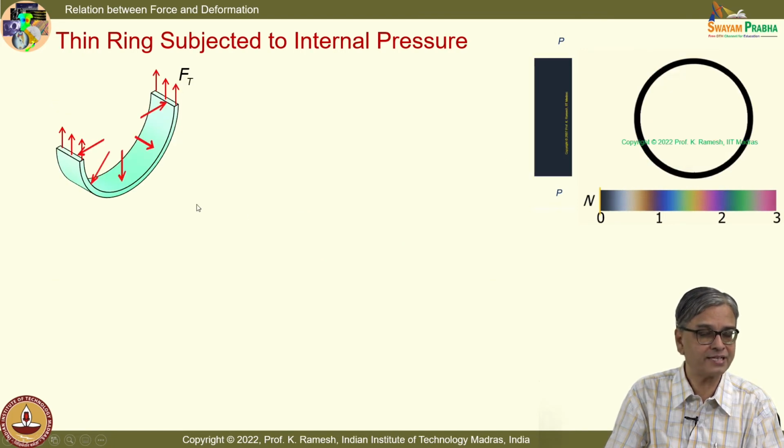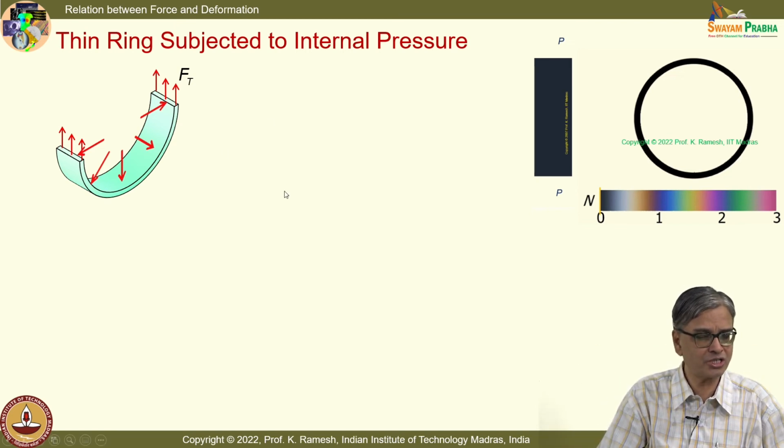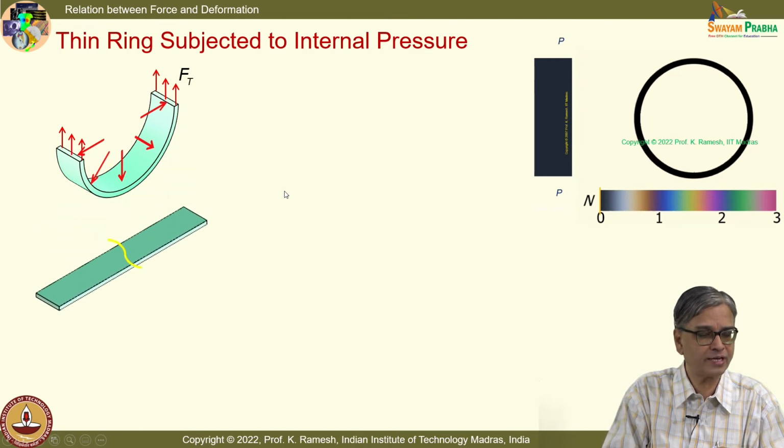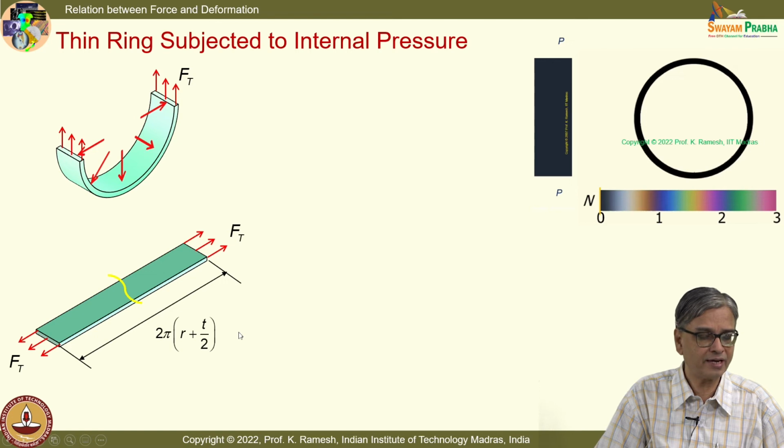So, I have this Ft acting like this, and if I completely unwrap it, for the paucity of space, I cannot show you the complete length. So, I have put a cut here, and this is of the length of the complete circle. So, I will have this as 2 pi r, to make it a little more accurate, 2 pi times r plus t by 2.